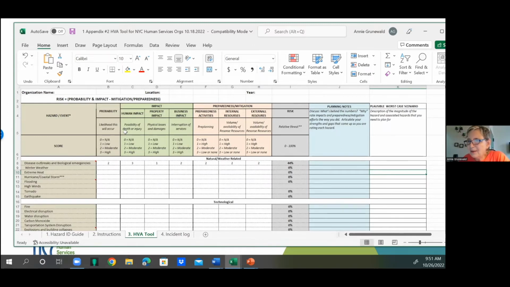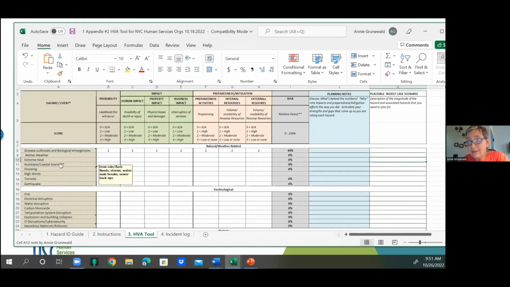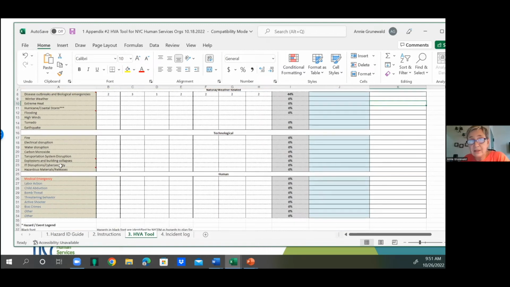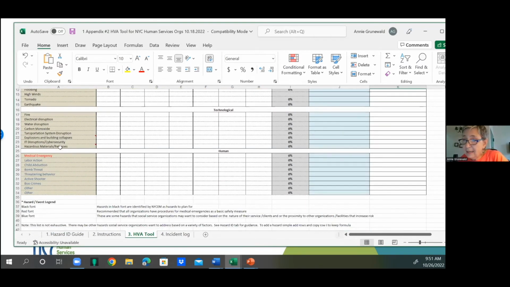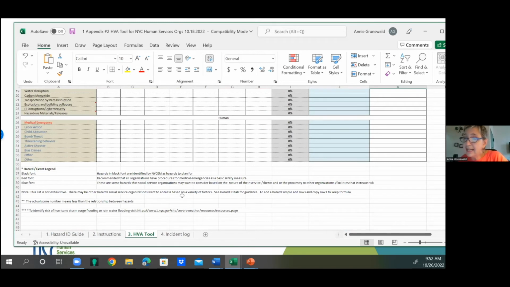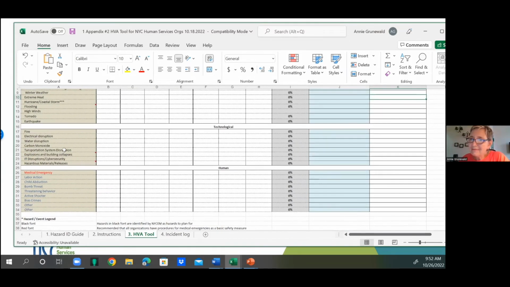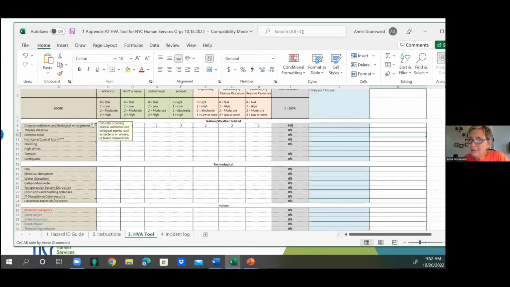The first thing I want to point out, on the left-hand side, you have all of these hazards listed here. And we're going to talk about where this list came from in a moment. But there's a little legend down here that tells you where we got these, why we listed these here. If you click on here, we have included a little more information.